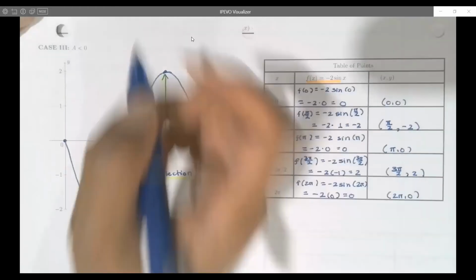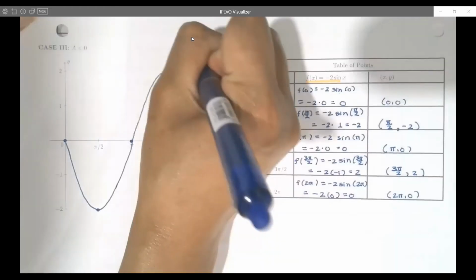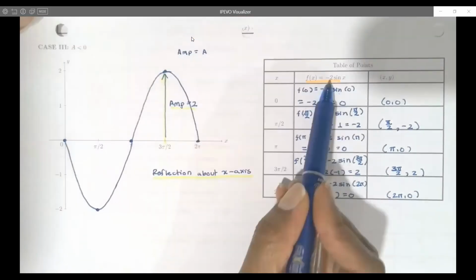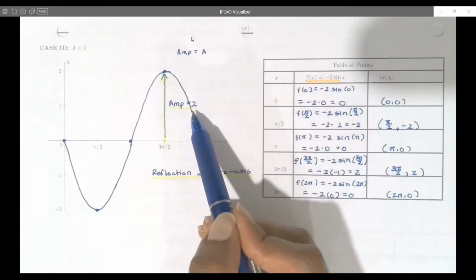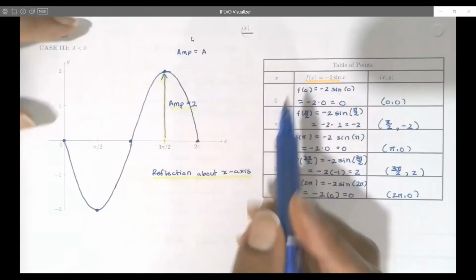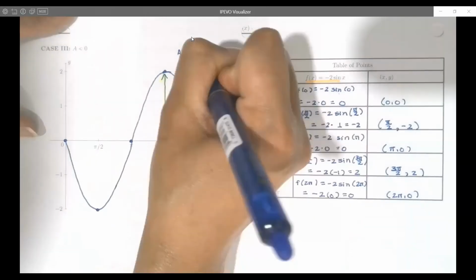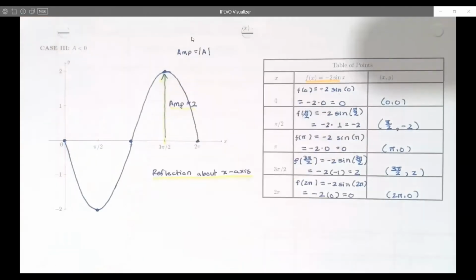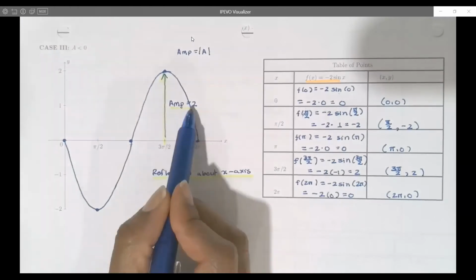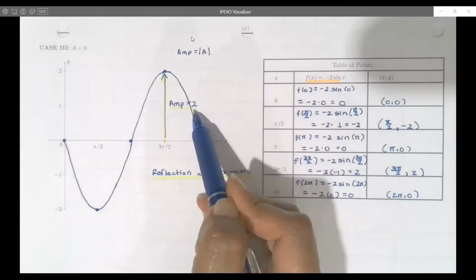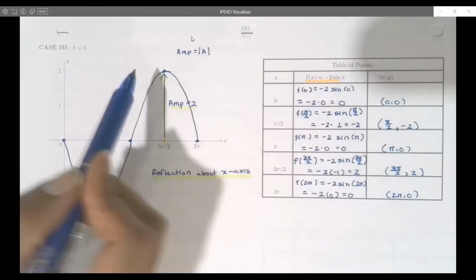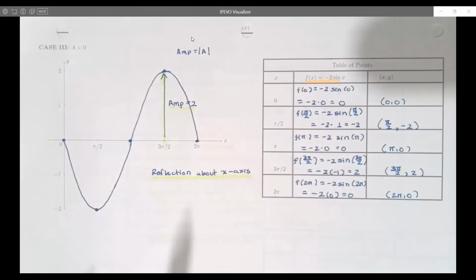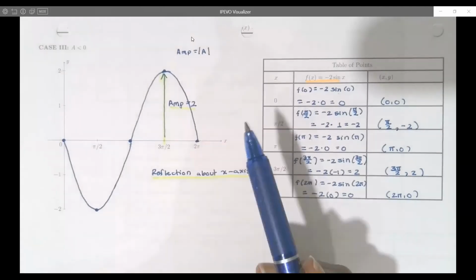We can't always write the amplitude as a, because in this case we would be saying that the amplitude is -2. And as we mentioned earlier, we always want the amplitude to be positive because it's a distance. So to prevent that, we always just write the absolute value of a. That makes sure that if a is negative, the amplitude is given as the positive of that number. And if it's positive, nothing really changes. If it's just 2, well, the amplitude is 2. Okay, so very good.